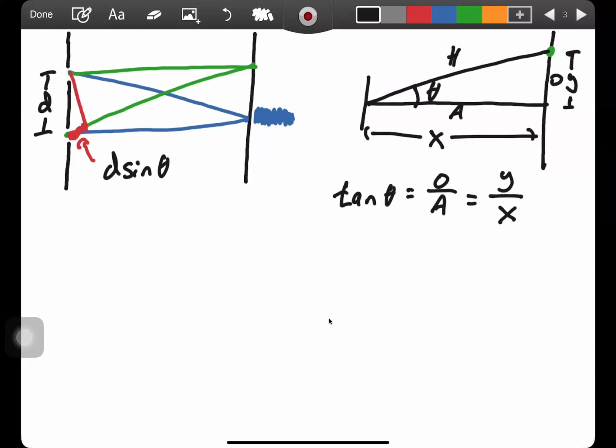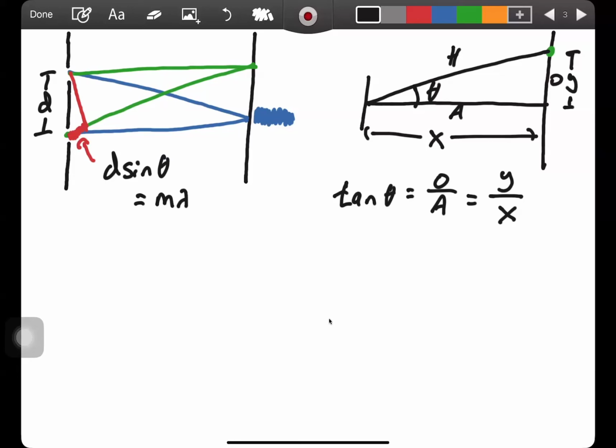And so the key, going back to d sine theta, is that when you have a difference in path length equal to an integer multiple of the wavelength, even though one wave travels further than the other, they're still in phase with each other when they hit the screen. And so you have another bright spot.